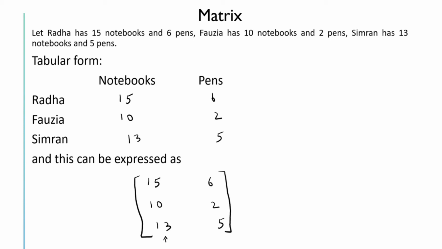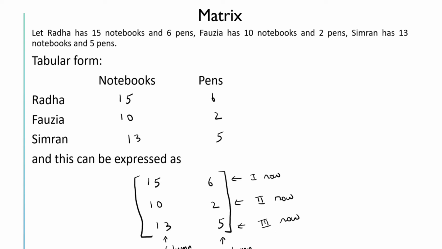This is the first column and this is called the second column. Similarly, this is called the first row. This is called the second row and this is called the third row. I think we are all familiar with rows and columns, and we know which is the first row, second row, third row, first column, second column, and so on.